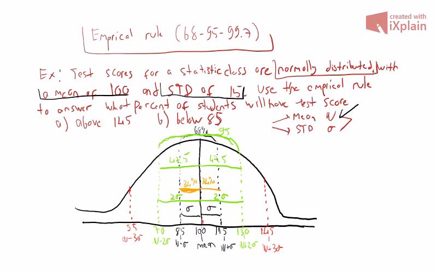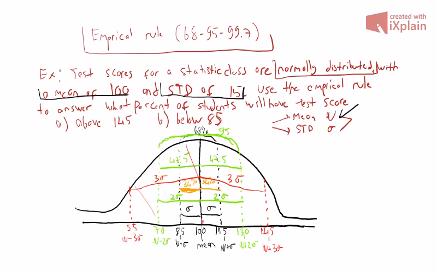Okay, so we know that the distance from this red line to the middle, our mean value, is 3 sigma. And I know that this area here on the left is what?